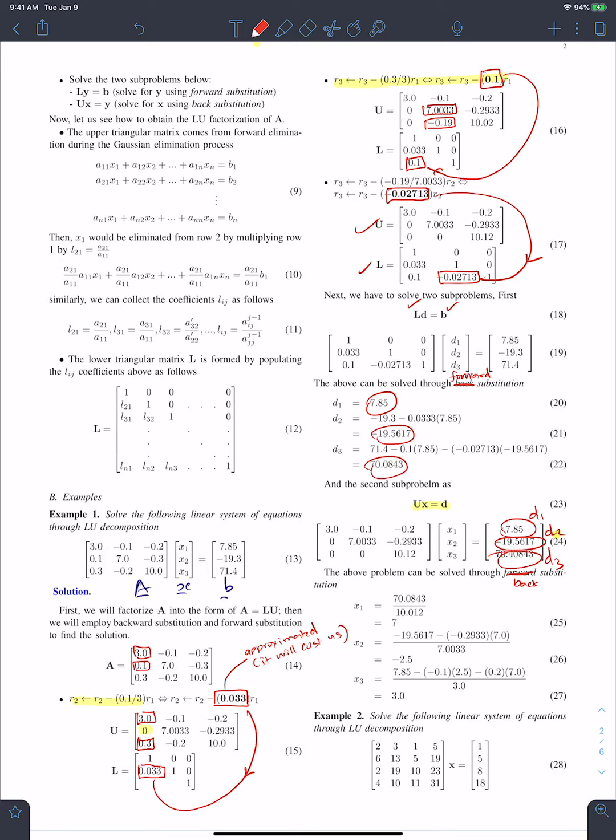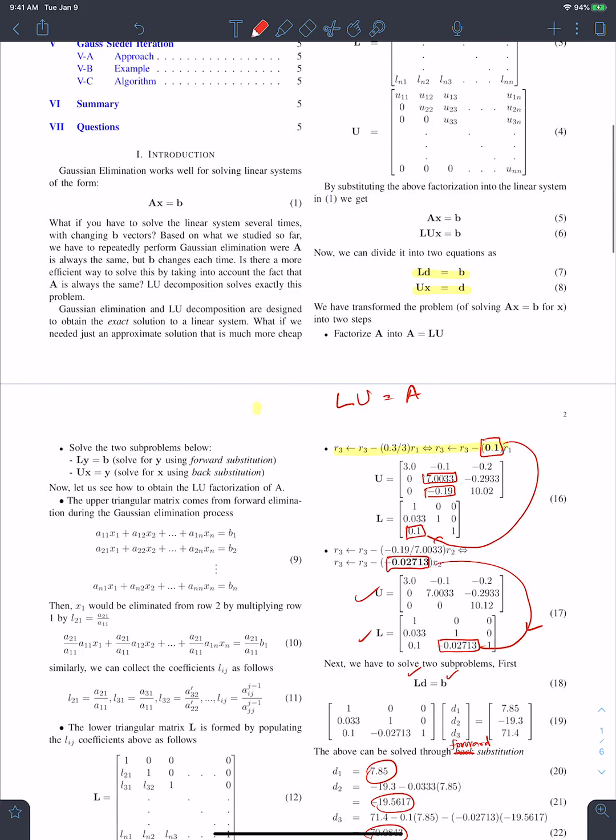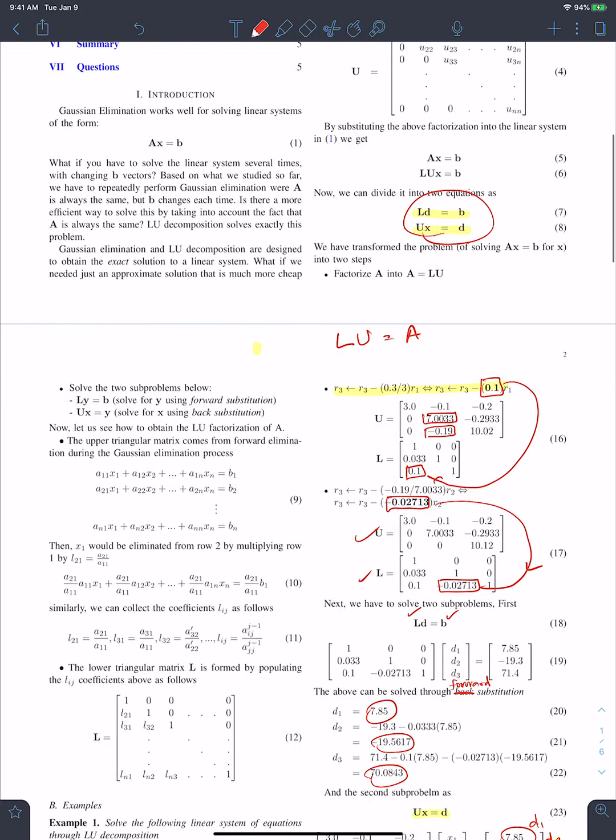The most important thing I want you to notice here is how we got L and U. There will be many other examples. There's homework and there are examples in the book. You can test it, but my goal in this example is to show you how to obtain L and U, and then how to use that to solve for x using this approach.